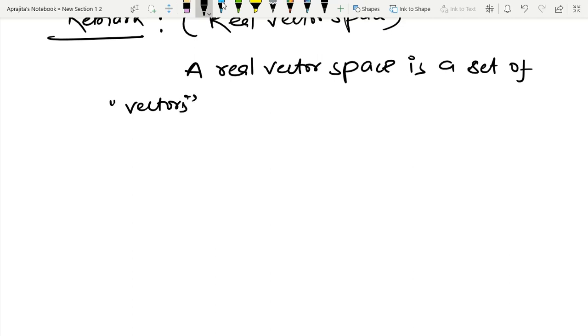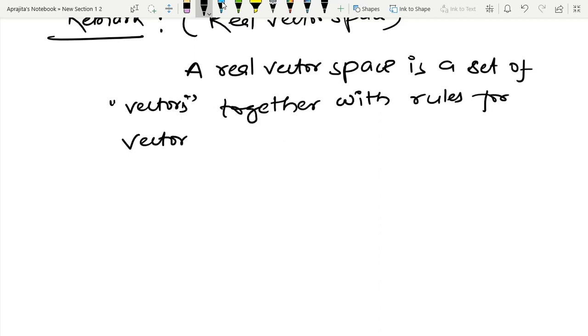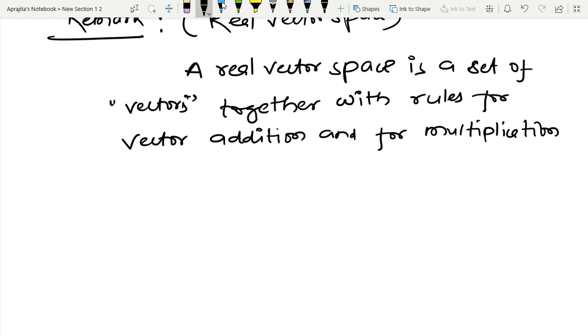Obviously, since I have a vector space, I have certain vectors together with rules for vector addition and for multiplication by real numbers.